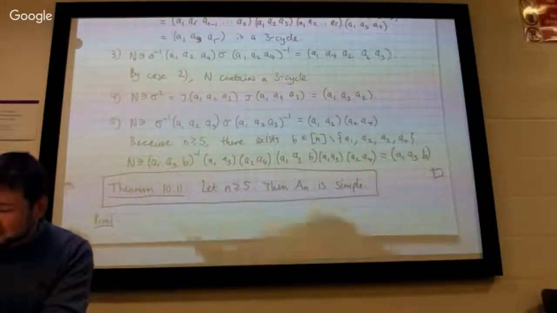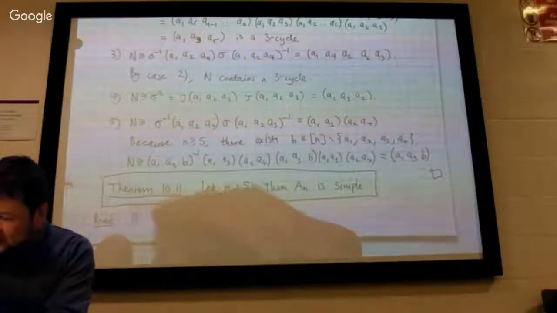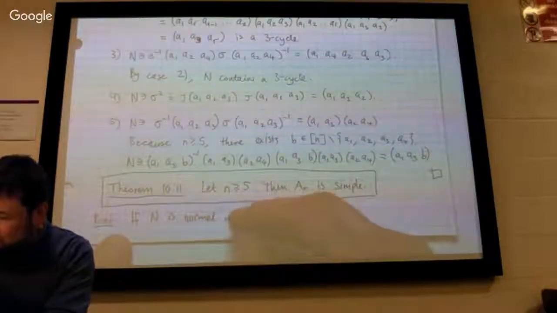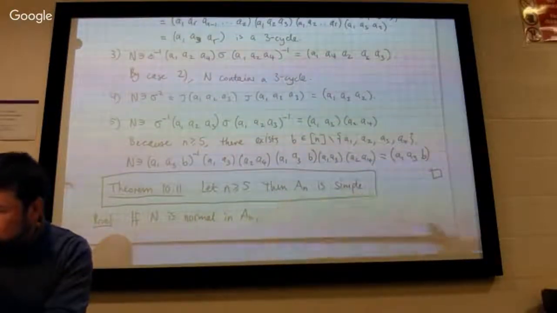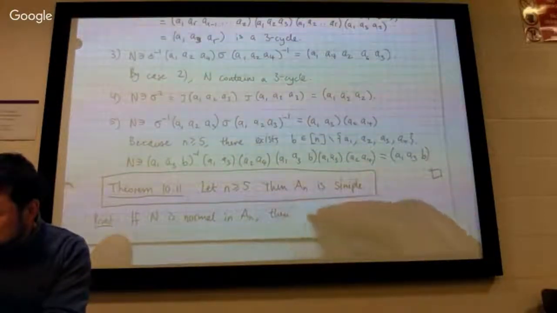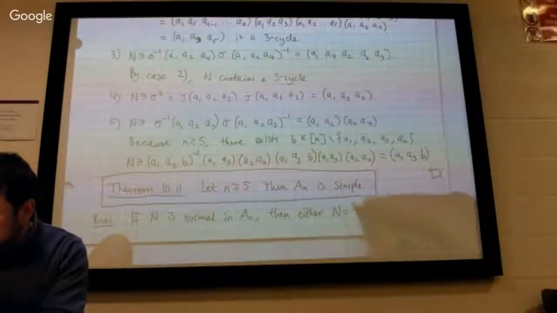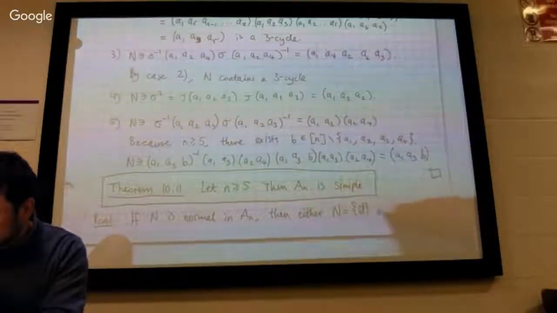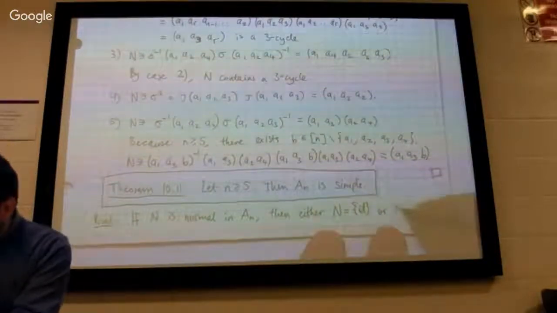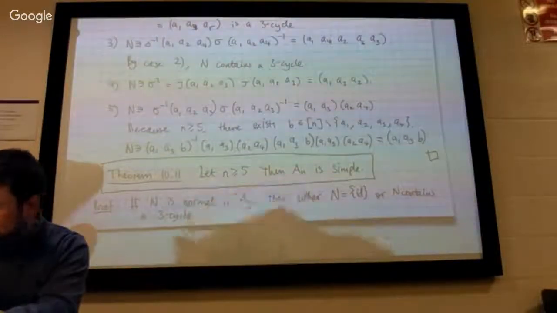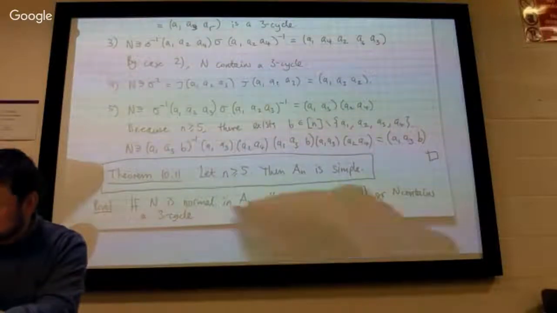So, okay, if N is normal in An, then either N is just the identity, or N contains a 3 cycle, which was lemma 10.10.